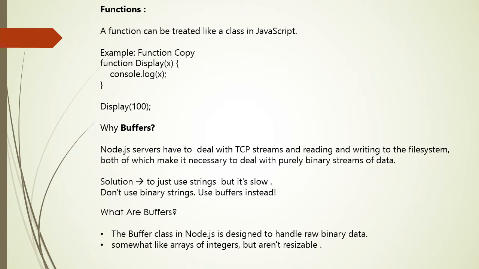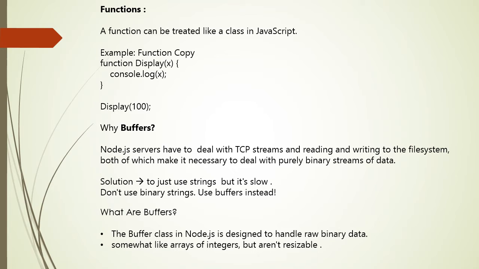The buffer class in Node.js is designed to handle raw binary data. Each buffer corresponds to some raw memory allocated outside V8. Buffers act somewhat like arrays of integers but aren't resizable and have a whole bunch of methods specifically for binary data.